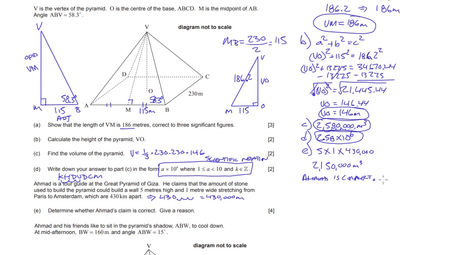And it says give a reason. The wall would need 2,150,000 cubic meters, which is less than the volume of the pyramid.